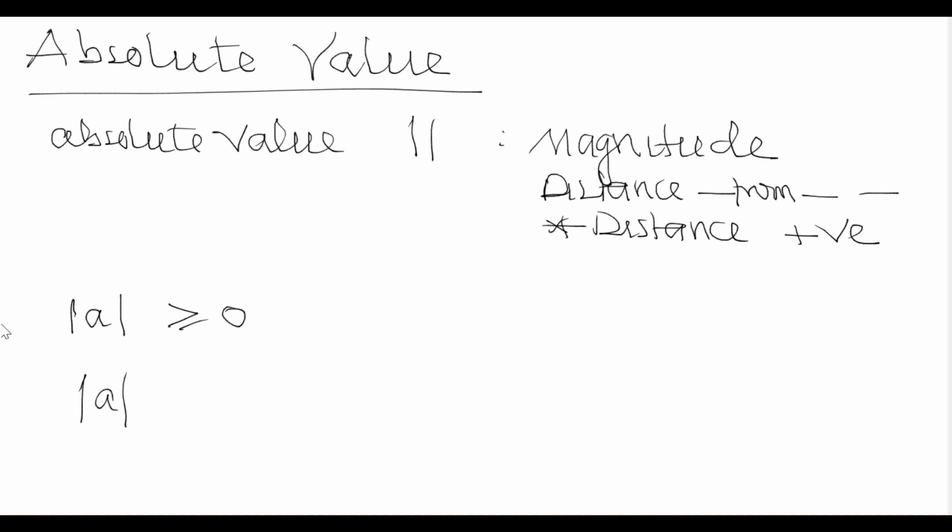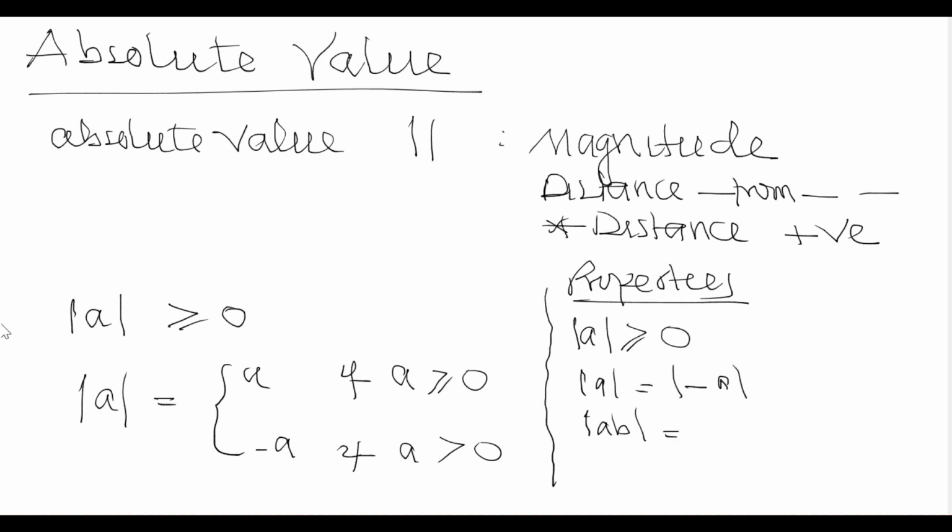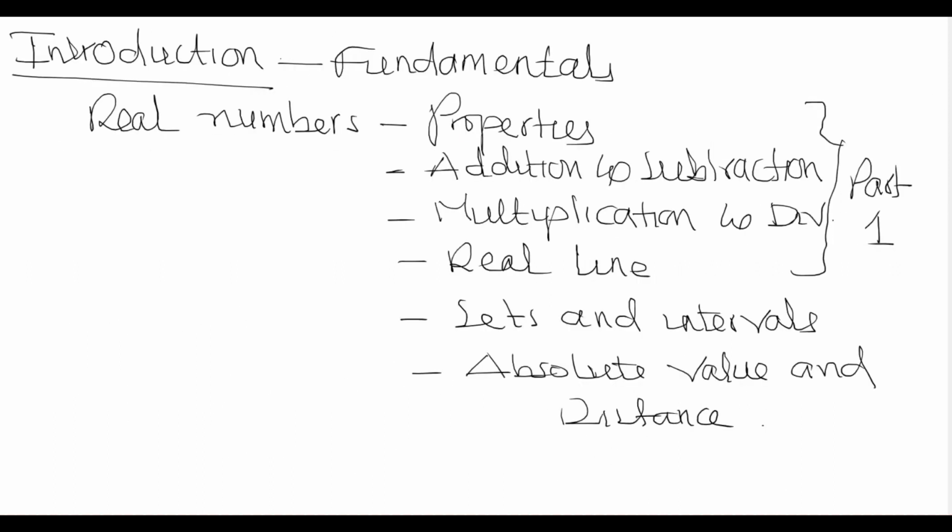So for example, if we put a inside magnitude signs, it will always be greater than or equal to 0. So we can represent the negative side and the positive side, as we've put there. Then the most important properties: the magnitude of a will be greater than or equal to 0. If we put ab inside the magnitude signs, it means that the product of those two still gives us a positive value. Can't get a negative from there.